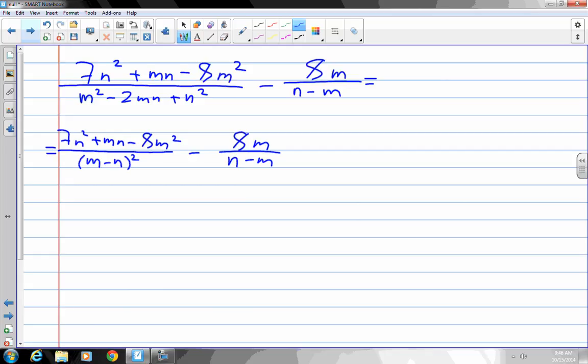Or I told you that you can always flip inside the square. Flipping inside the square doesn't change anything, right? Because if you flip around the minus, it changes the sign, but you're still squaring it, so that doesn't matter. So you have two options. You can either just write it, that's the same as writing n minus m squared, or write m minus n in the second fraction and change the sign in the middle. Doesn't matter which way you want to go. So which way do you want to go?